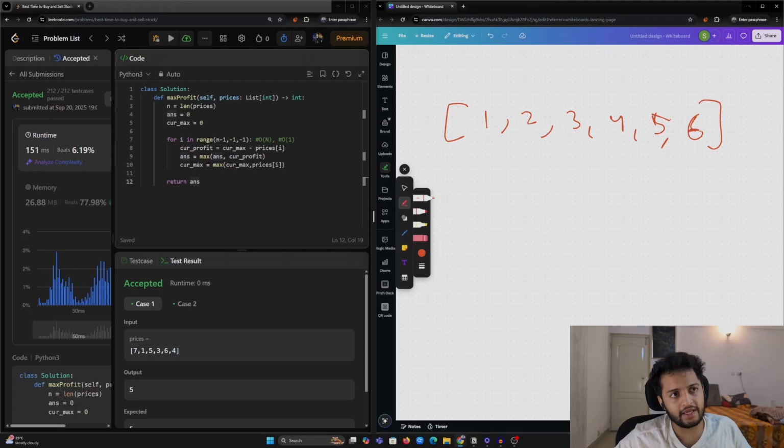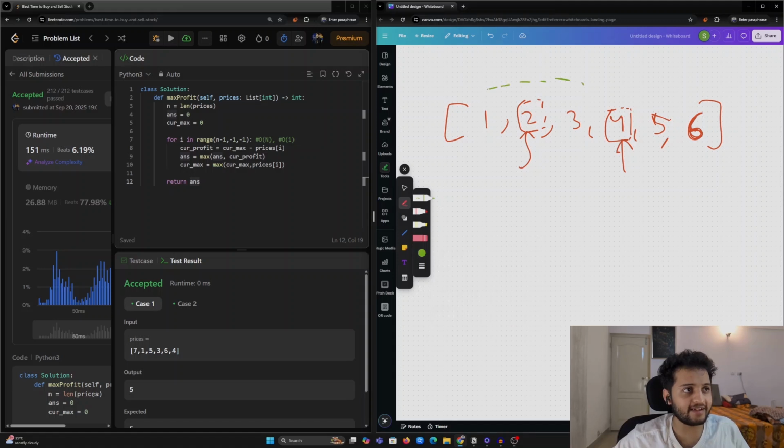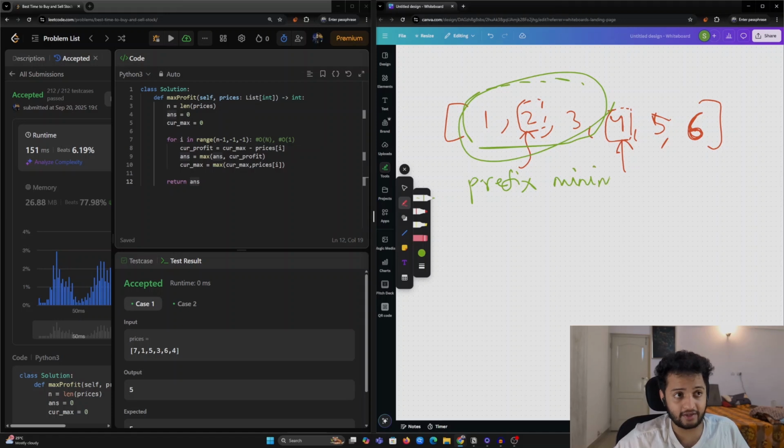Instead of thinking that you are going to buy on this particular day and sell at a maximum profit on a future day, what you could have also thought of is, let's say you are going to sell on this particular day, then you need to find out the minimum stock price in the previous days, right? So in this scenario, you will have to maintain a prefix minimum instead of a suffix maximum, and you can iterate from the start of the array itself.